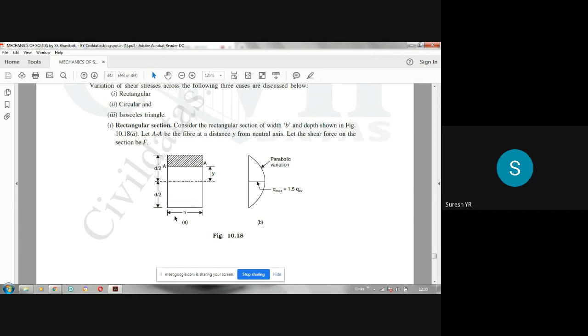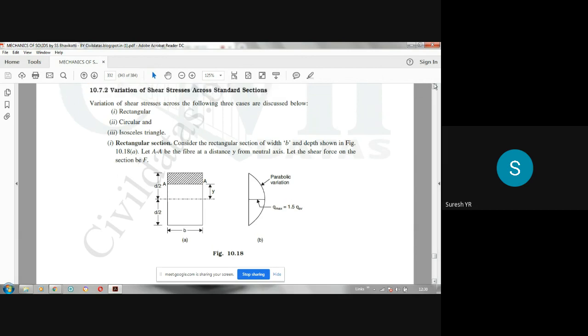All of you observe here. This is the rectangular section where B is the width, D is the depth. The neutral axis is at D by 2, at the center. The neutral axis is also called the centroidal axis. So let us do it the same way now. This is the general formula to find the shear stress.